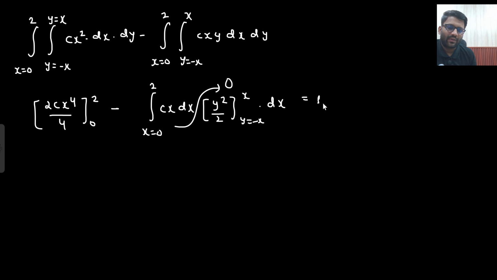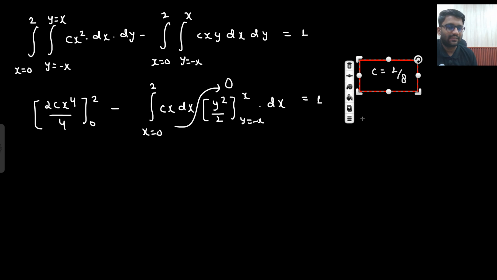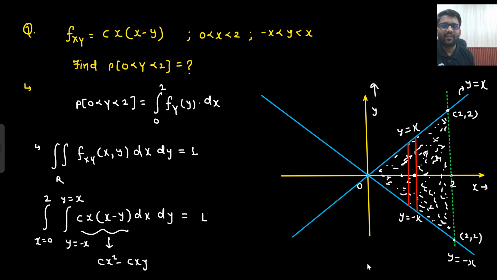So the first term equals 1, which gives 8c equals 1, and c is coming out to be 1 by 8. All these should be done on your own, because this is not a tougher task, it is the simpler one.